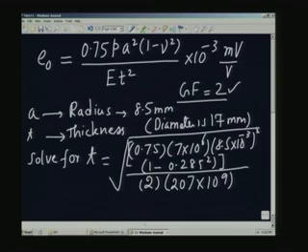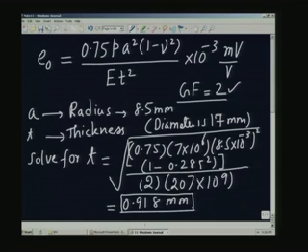This whole thing gives you a value of 0.918 millimeter. So, the thickness of the diaphragm gauge is given by this quantity. So, we have a 17 millimeter diameter gauge, almost like 1 millimeter thickness. It is a fairly thick diaphragm, because the pressure level we are measuring is also quite large.